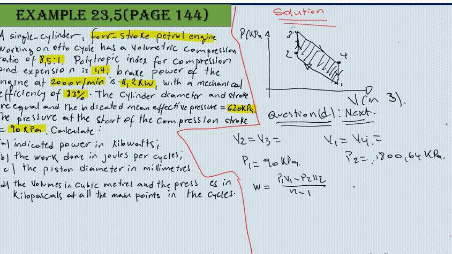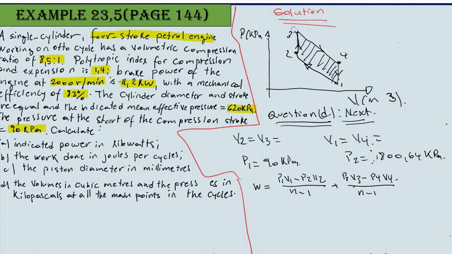For an isochoric process, the work done is always 0. Now from 3 to 4, we have another work done, which is given by P3 V3 minus P4 V4 divided by n minus 1.